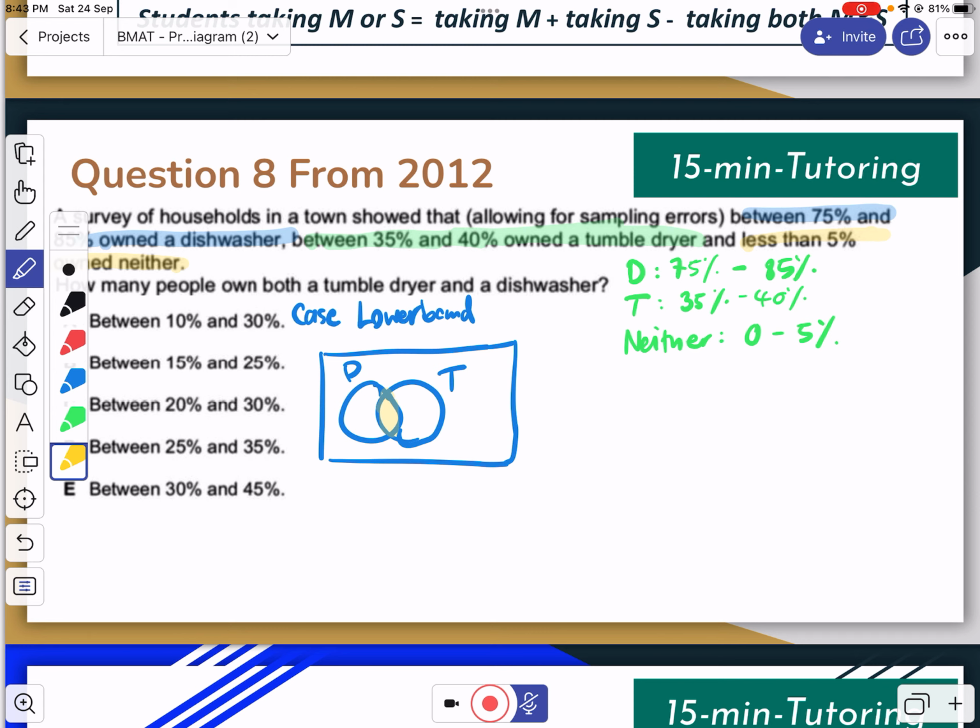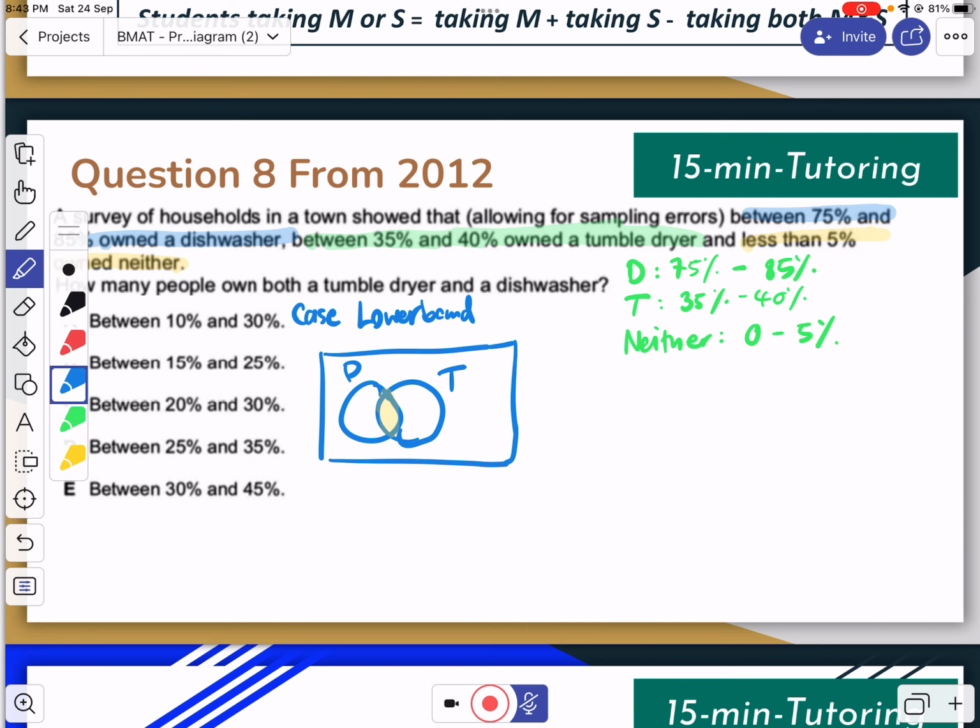So which number should we use? Well, if we don't want the two circles to overlap, we want to minimize the overlapping area. When we pick the number for D, we should make it as small as possible. Because if only 75% as opposed to 85% have the D, the dishwasher, we are essentially minimizing the number of people who have both appliances.